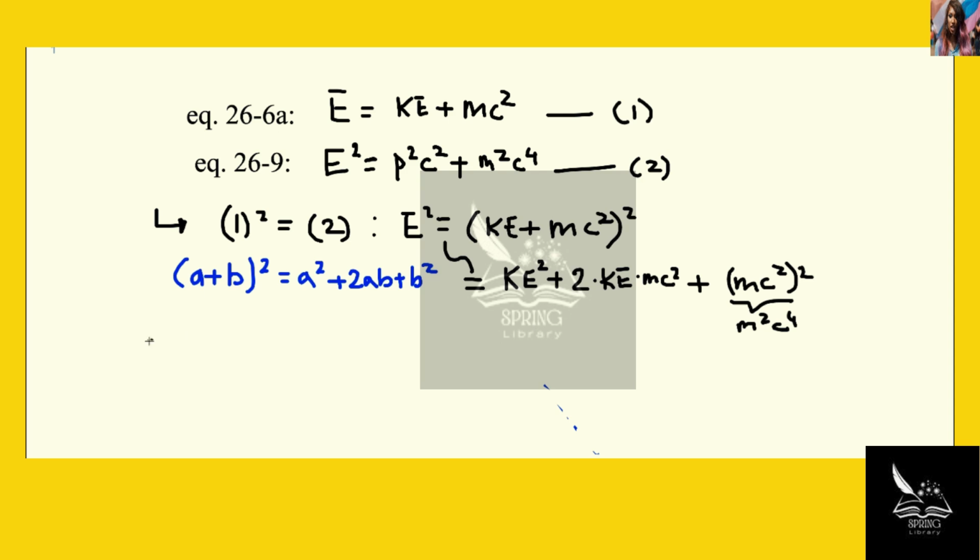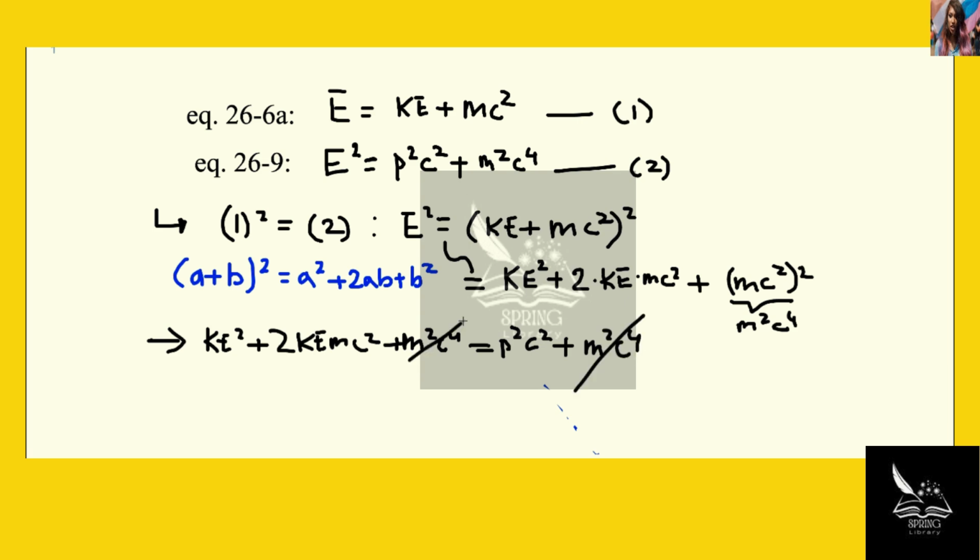So what we have then is that KE squared plus 2 KE times mc squared plus m squared c to the fourth is equal to p squared c squared plus m squared c to the fourth.